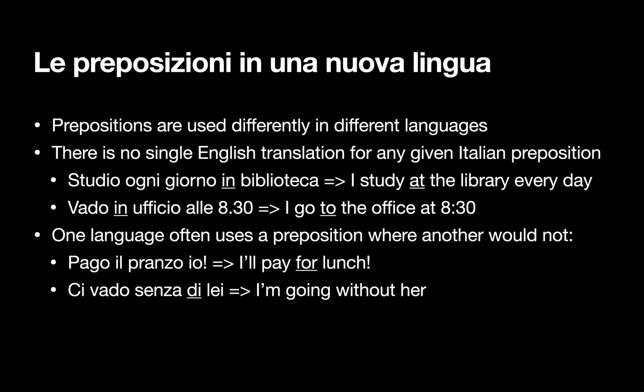On the other hand, you could say something like "ci vado senza di lei," and that translates to I'm going without her. This is a little funny because senza and di are actually both prepositions. We'll talk about this in a second. But you can see in either case that in Italian you have two prepositions where in English there's only one, so they are being used differently.